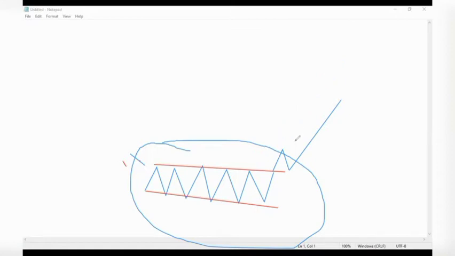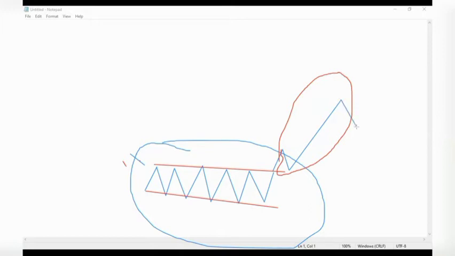Now this part that rallied all the way up here is called the markup phase. Wyckoff was actually saying that after a markup phase, we now have a distribution phase.